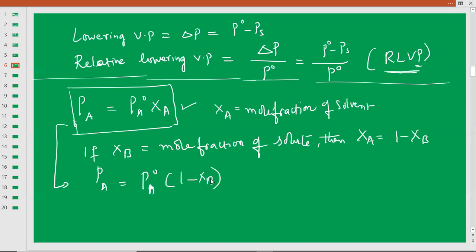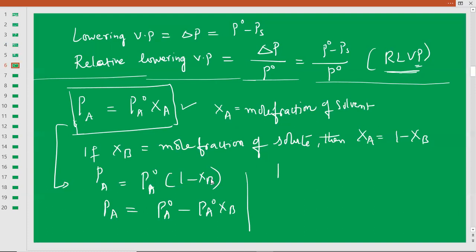Okay. And if you expand it in detail, it will become Pa0 minus Pa0 into XB. So what is the Pa value? Pa is equal to Pa0 minus Pa0 into XB. And in this, we'd like to find only XB from it.